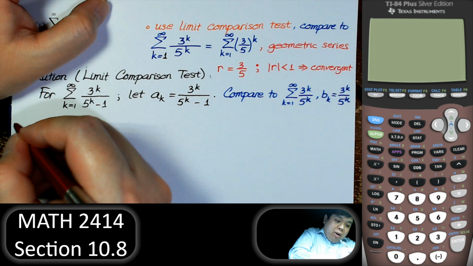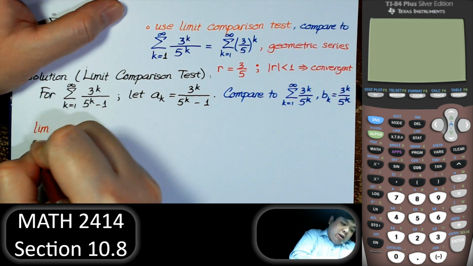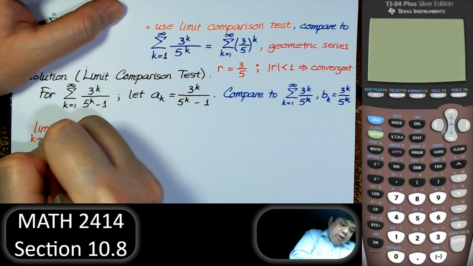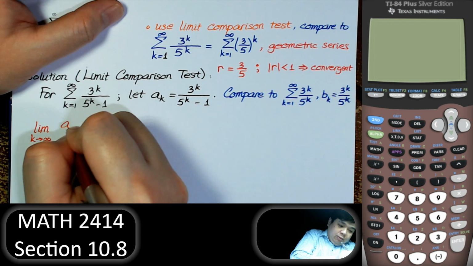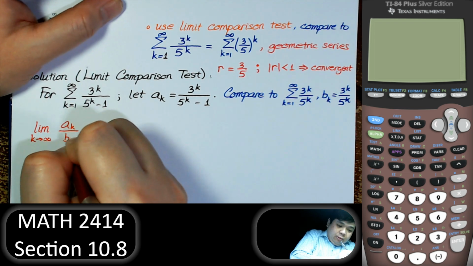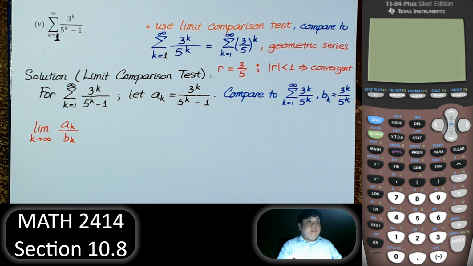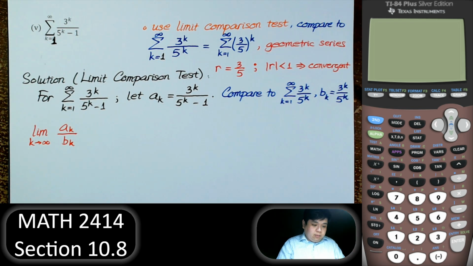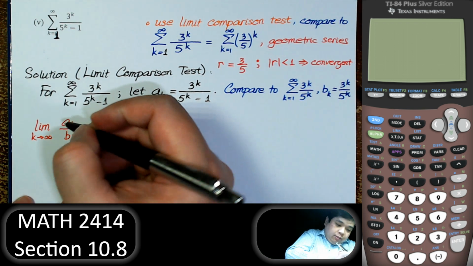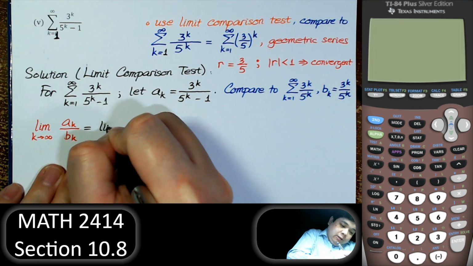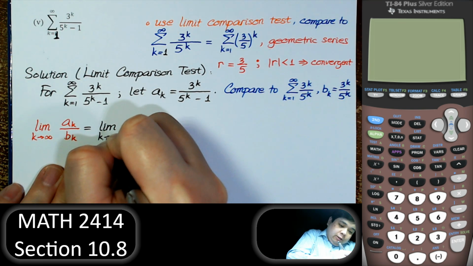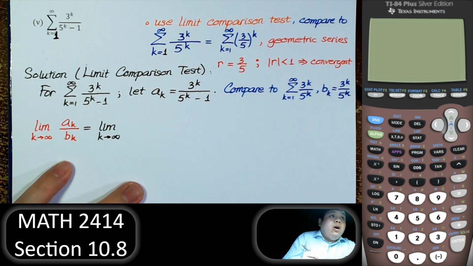Right. For the limit comparison test, we have to take the limit of the ratio as k goes to infinity. Right.